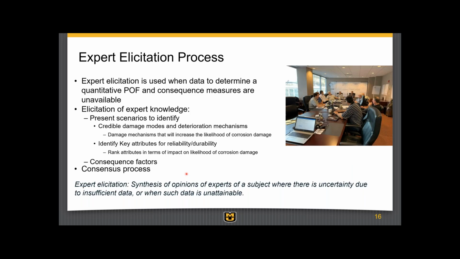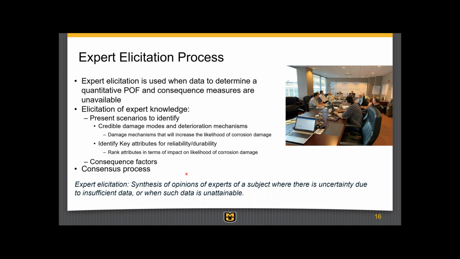The expert elicitation process was used. This is a way of getting together a group of experts and asking some semi-formalized questions to stir discussion, to identify, if you had a post-tension tendon and you had to assess its likelihood of corrosion damage during its life, what factors you would want to know in order to make that assessment.